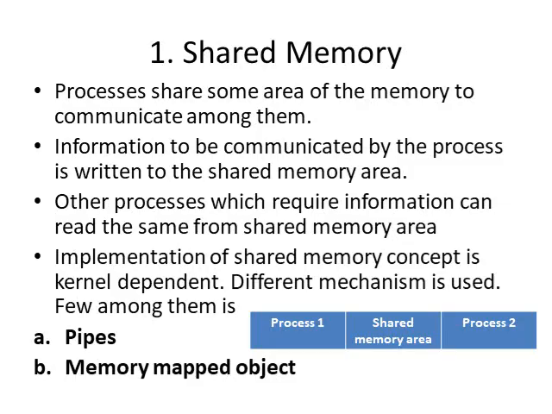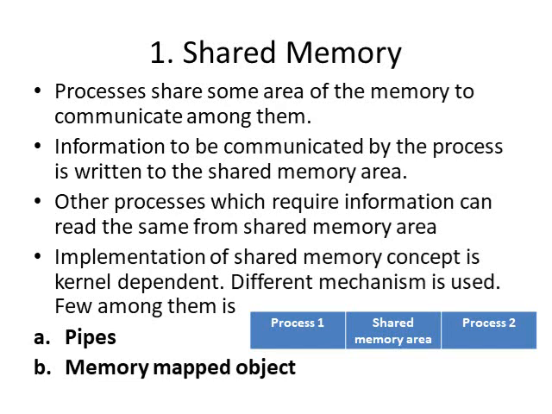In the figure you can see process 1, the shared memory area and process 2. Process 1 has written the required information in the shared memory area, and process 2 requires this information, so it has performed a read operation from this shared memory area.